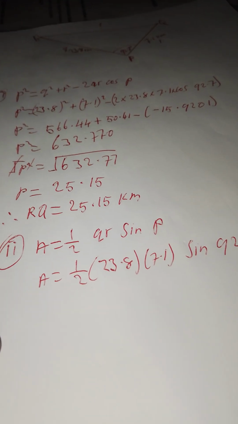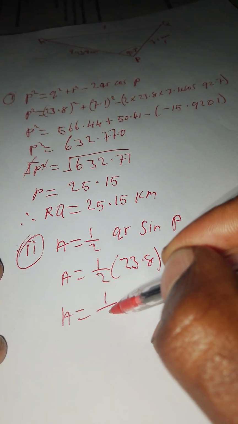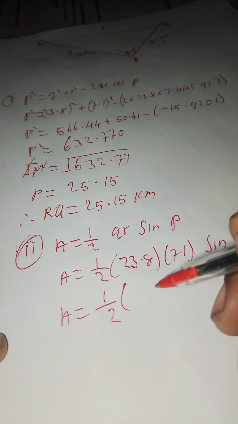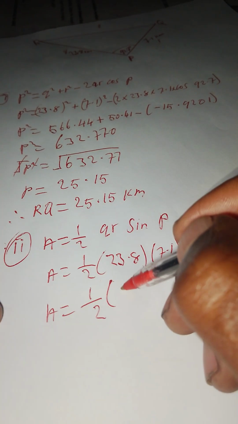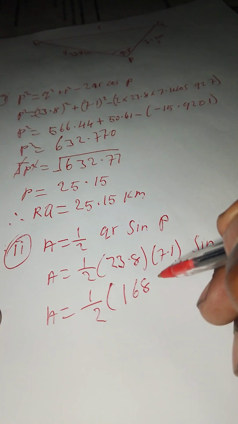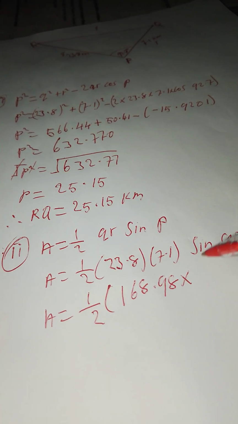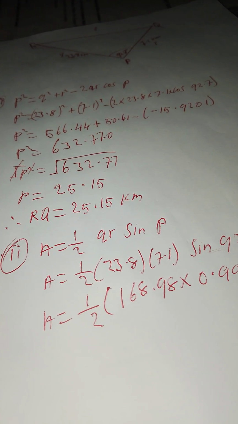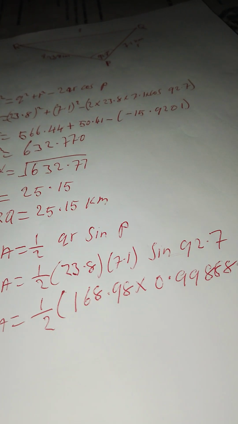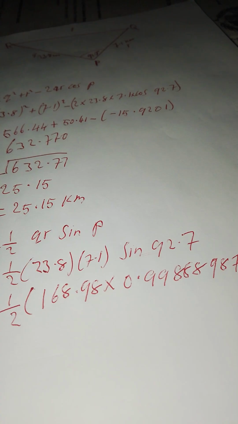A is equal to 1 over 2 times 168.98 times 0.98875.